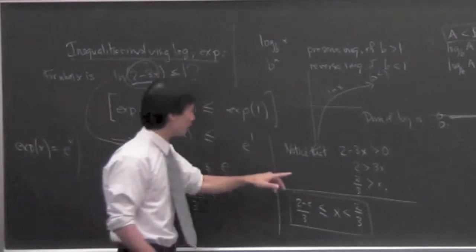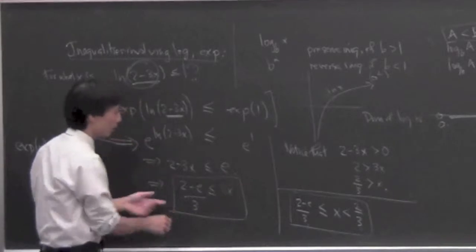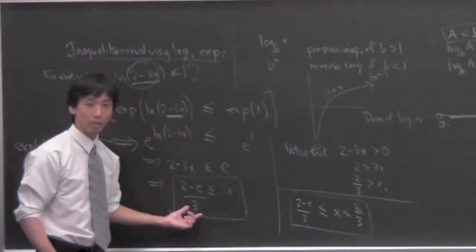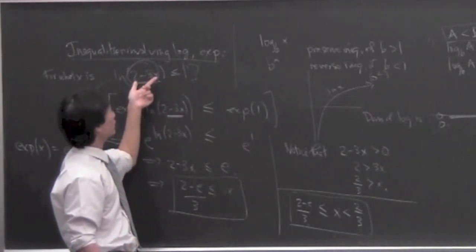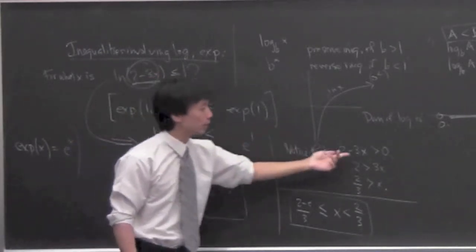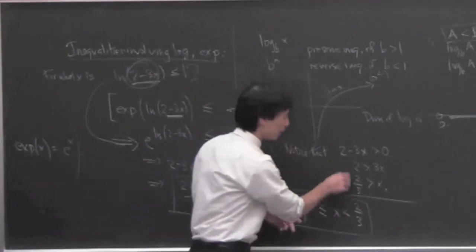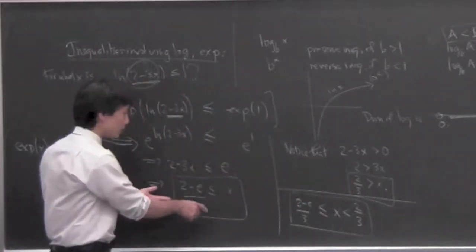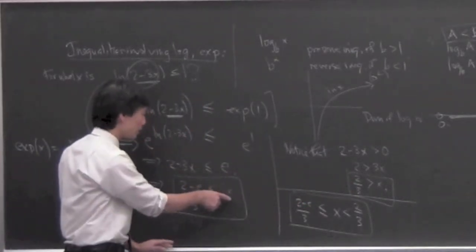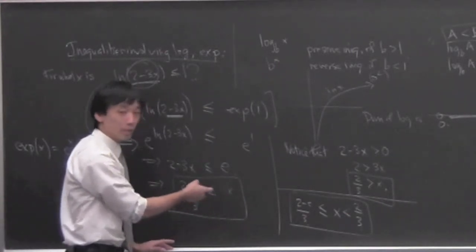So we worked through this, and we saw that x had to be bigger than 2 minus e over 3. But we also have to require that log of 2 minus 3x makes sense. In other words, that 2 minus 3x has to be bigger than 0. And that gave us that x has to be smaller than 2/3. Because if we just stop here and say x just needs to be bigger than 2 minus e over 3, then if I take x equals 10, this will work.